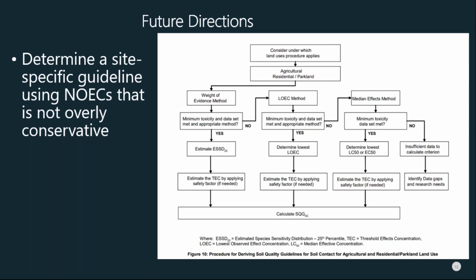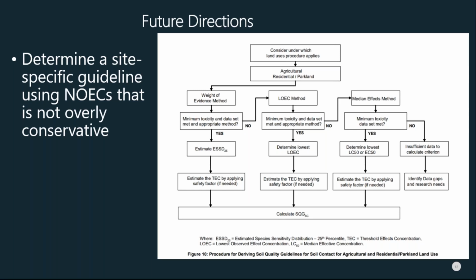What I have on the screen here is just the general description of how guidelines are determined for agricultural and parkland land uses. And they really prefer using an SSD to determine a guideline. However, SSDs are built using partial toxicity effects data.